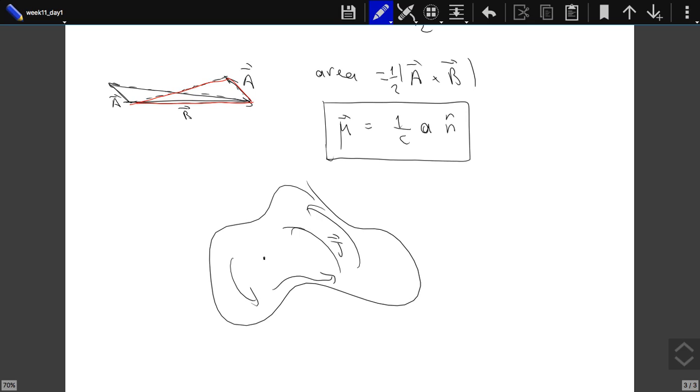Will the magnetic dipole moment depend on your origin? Area doesn't depend on our origin. So you see, if you remember the electric dipole moment, we saw that electric dipole moment does depend on the origin in general. Only under one circumstance it doesn't depend on the choice of the origin. Do you remember what was the condition?